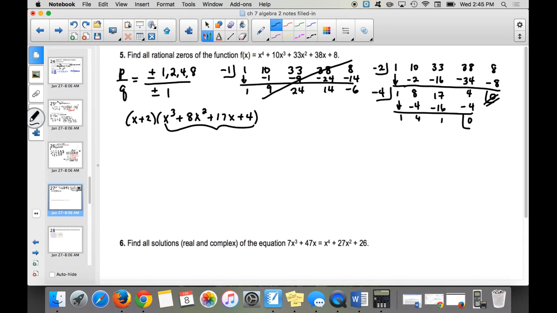Don't go back to the original because our whole goal is to slowly factor down, right? We want to break it apart, break it apart, break it apart. So don't go back to the original. Continue factoring what you have now. So we're now factoring this one right here. We're breaking it further apart. All right, so now we have our x plus 2 from before, and this one broke into x plus 4 times x squared plus 4x plus 1. That's what the 141 over there was.